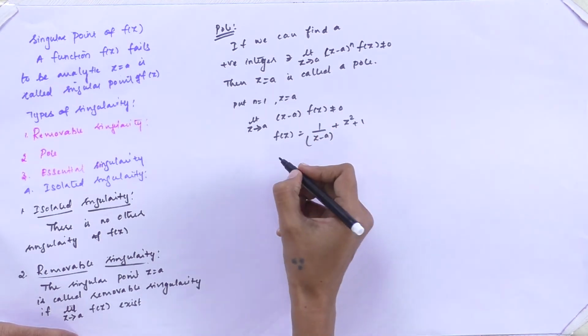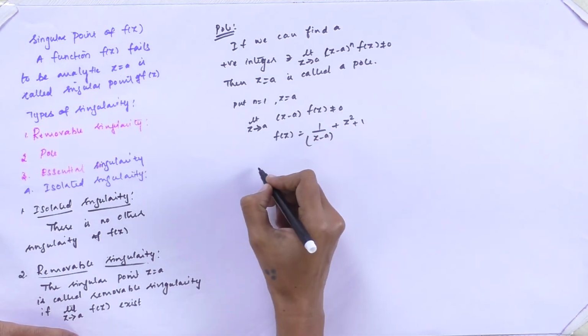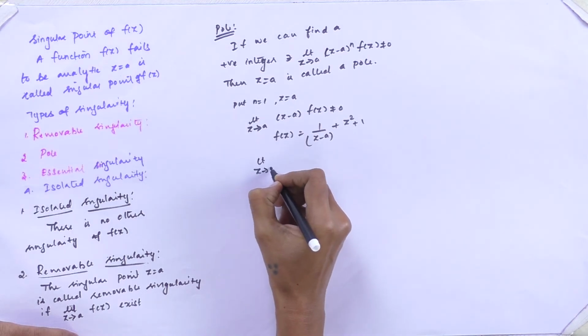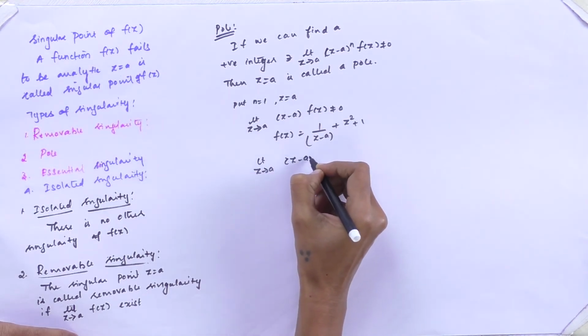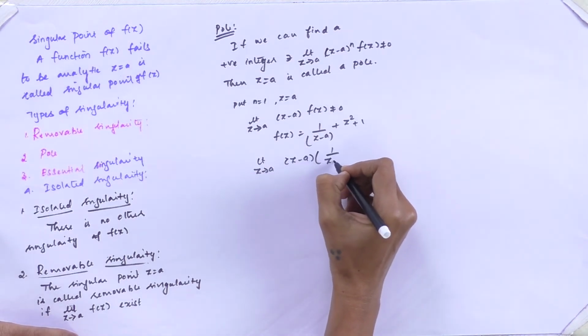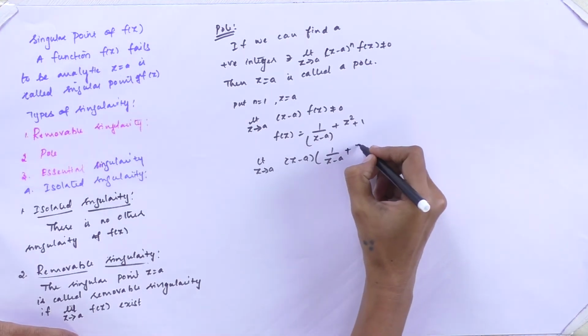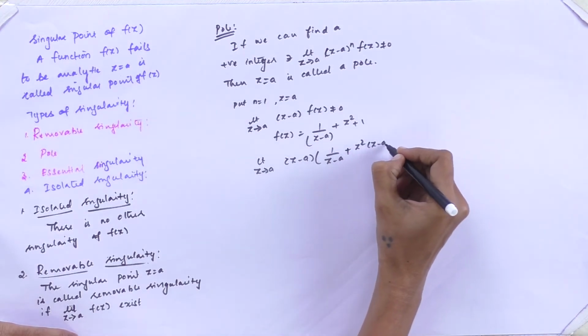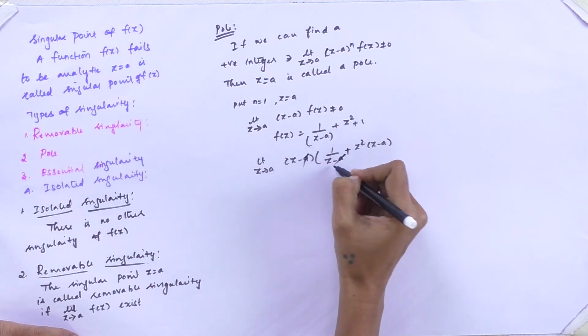Then when we substitute, the limit as z tends to a of z minus a into 1 by z minus a plus z square, then this and this get cancelled.